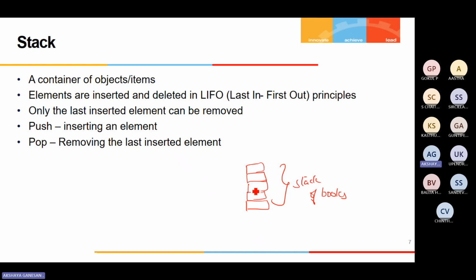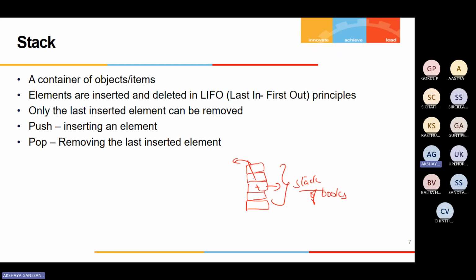If I want to take out, I can easily take out the last book, right? Which I placed. But if I want to take out this book, I have to remove all the above books and then only take the book. So what does it mean?